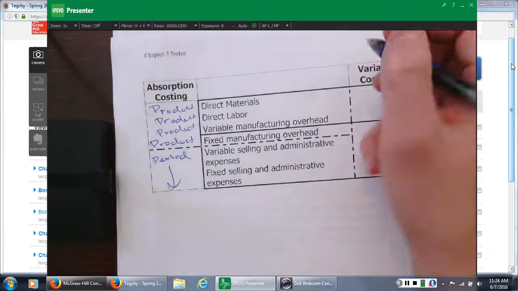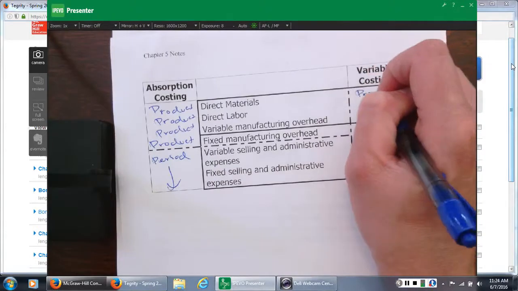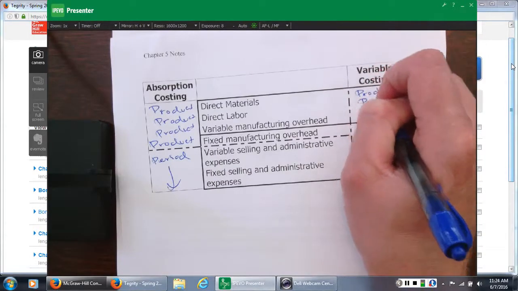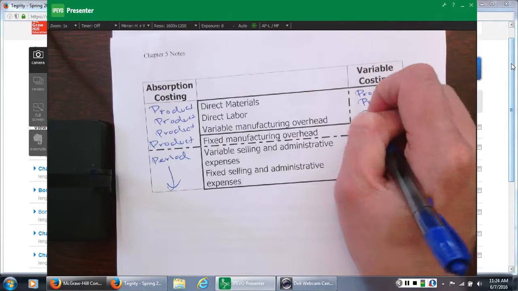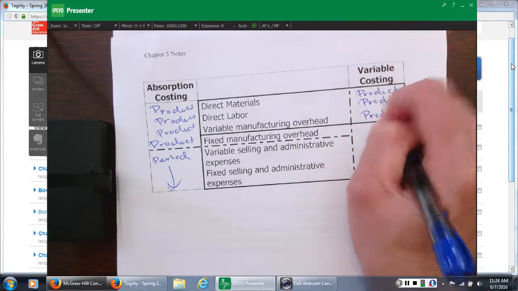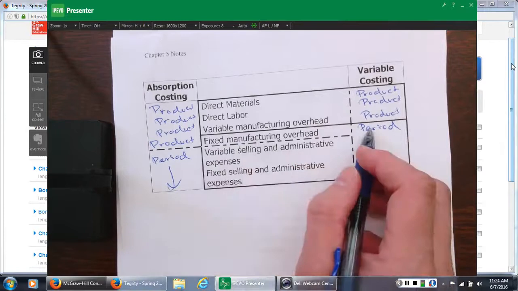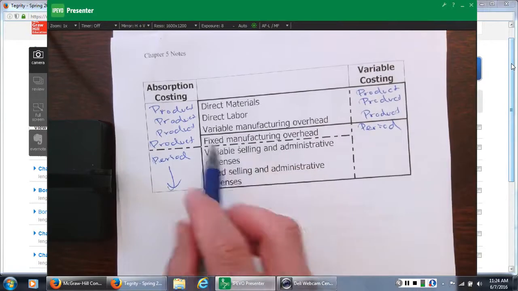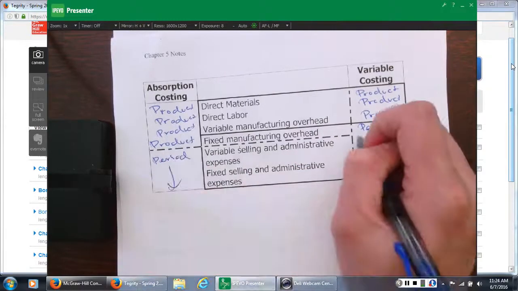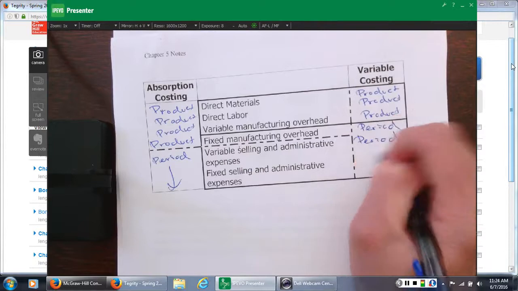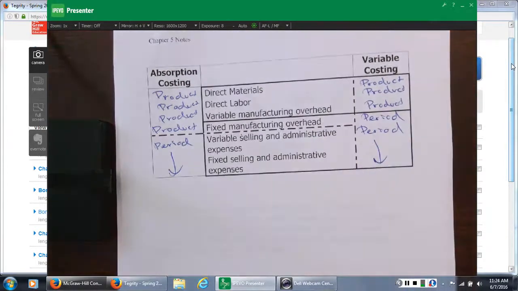Okay. Versus variable costing, this is product. Direct labor is also product. Variable overhead is product. And then the difference is this is a period cost. Fixed manufacturing overhead is treated as a period cost under variable costing, but a product cost under full costing. And then these are all period. Variable and fixed selling and admin are always period costs.